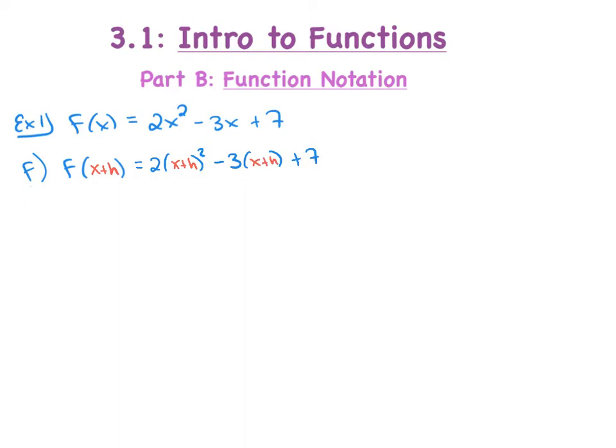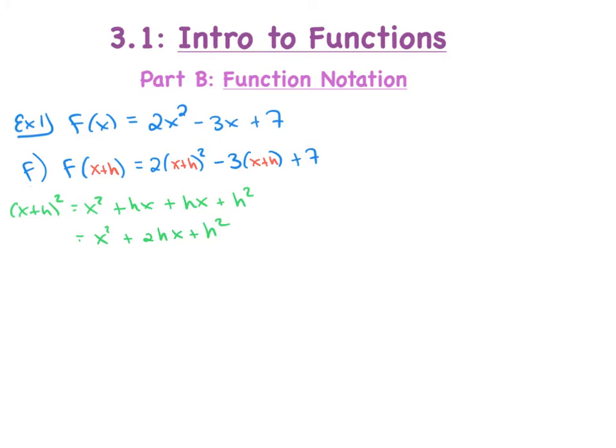Okay, so going off to the side, x plus h quantity squared is x squared plus x times h. I want to write that in alphabetical order, so I'm going to make that instead h times x. And then I have a second one, and then plus h squared. So x plus h all squared is x squared plus 2hx plus h squared.